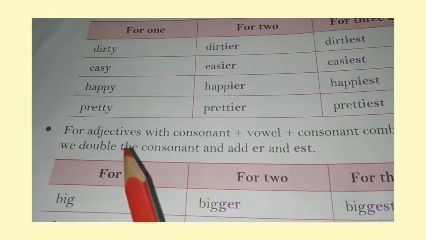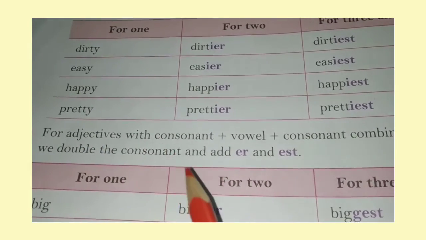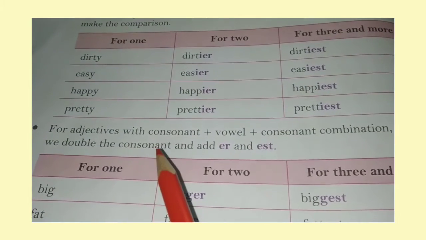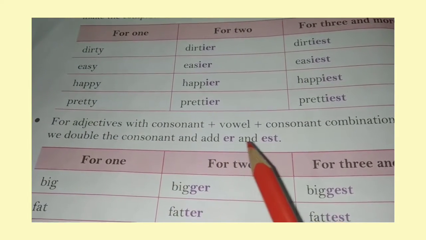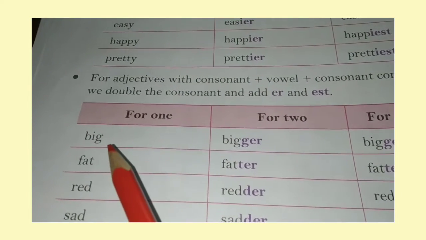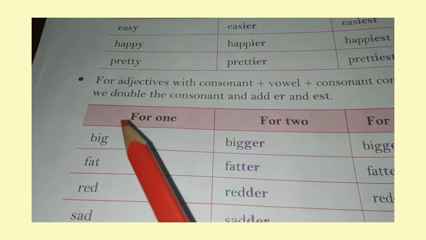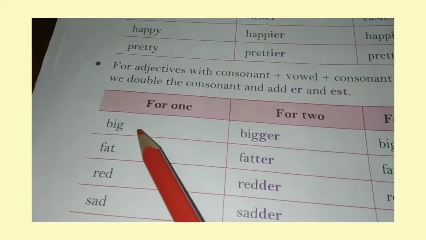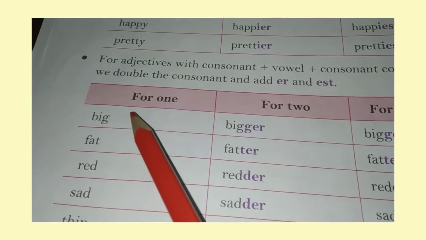The last table is about adjectives with a consonant plus vowel plus consonant combination. We double the consonant and add er and est. Here we have to double the last letter, which is a consonant, and add er and est.